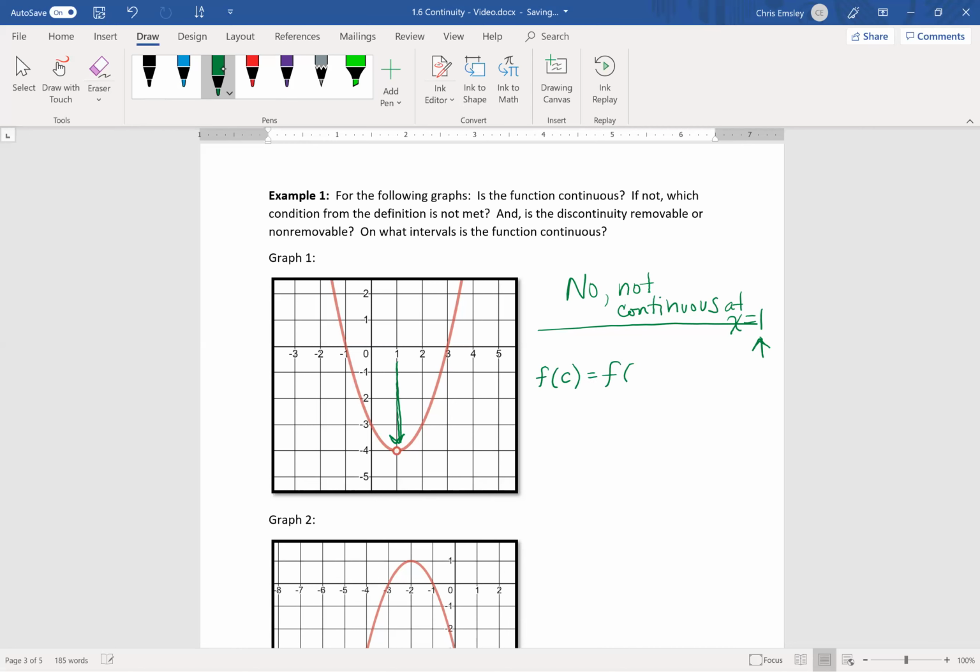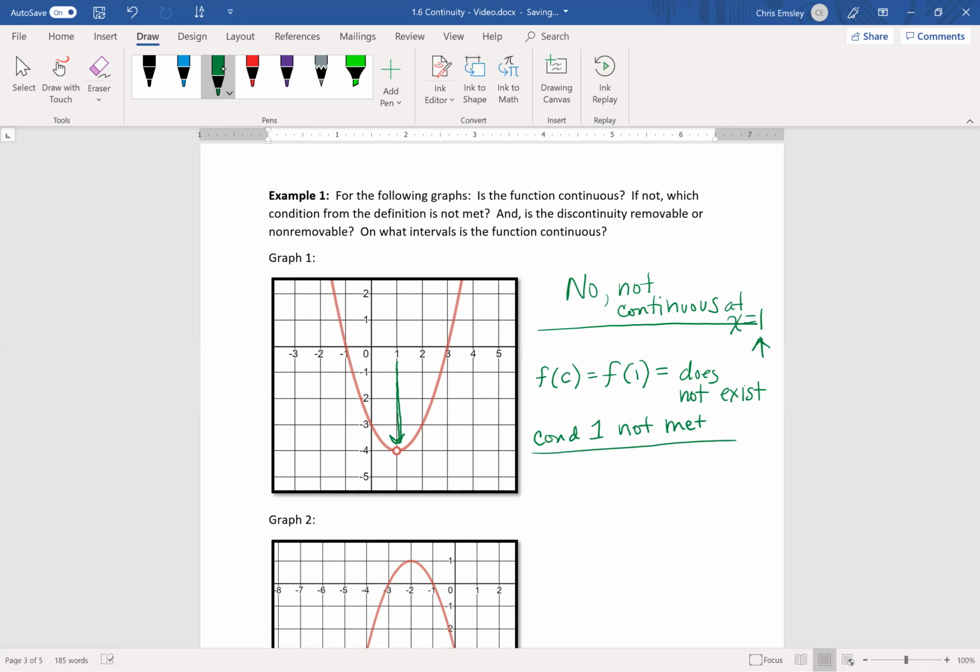If we were to try to figure out what f of 1 is equal to, well, you can see here at f of 1, we have an open circle, and there's no other point at x equals 1. So it does not exist. So that means that condition 1 is not met. That's the reason this function is not continuous.